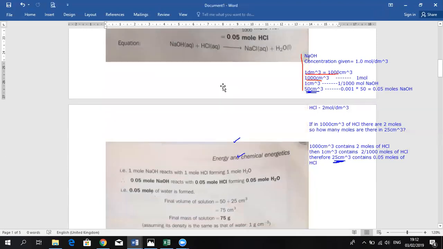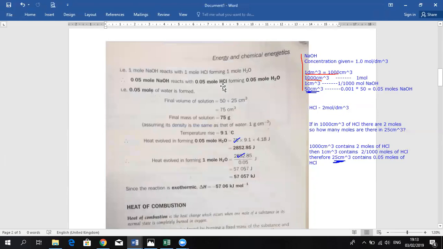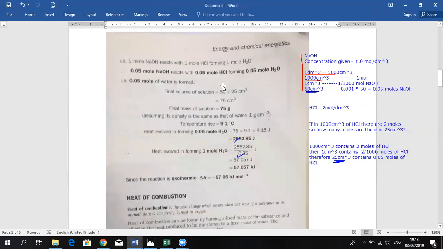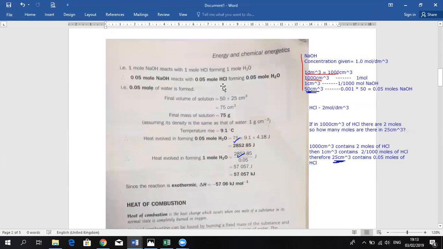If they gave you that it started at a temperature and ended at a temperature, just subtract them to find the change. Exactly. That's what we're going to do. So when I work this out now, I'm going to get a value of 2852.85 joules.